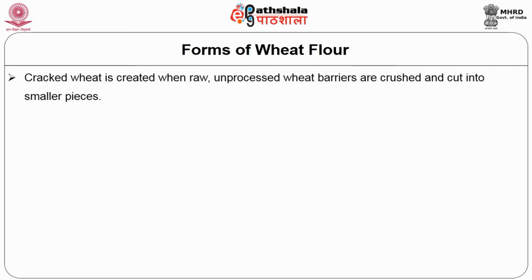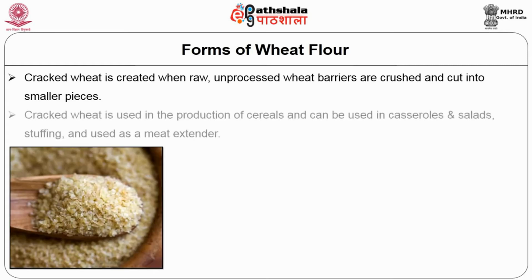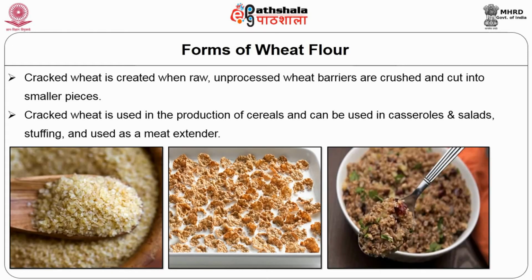The cracked wheat is created when raw unprocessed wheat berries are crushed and cut into smaller pieces. Cracked wheat is used in the production of cereals and can be used in casseroles, salads, stuffings and other meat extender products.